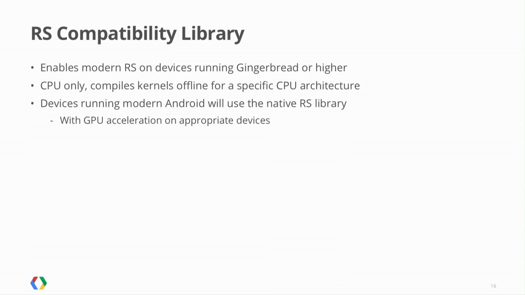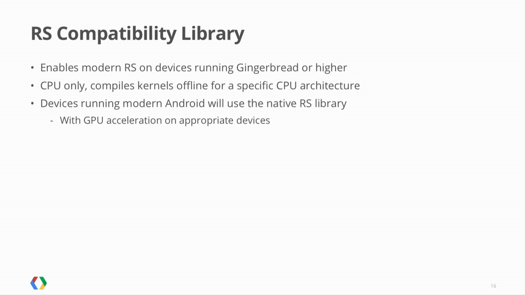So the compatibility library. The compatibility library enables API 18 RenderScript on devices running Gingerbread or higher. And the way this works is essentially we can do an offline compilation of your RenderScript bit code. When you build your app, you can actually create a shared library that runs on the CPU.